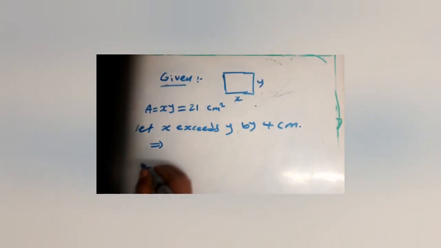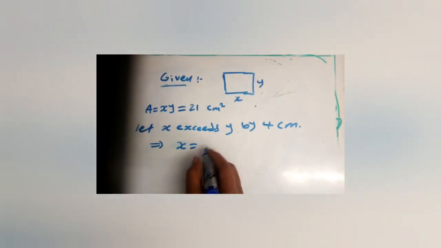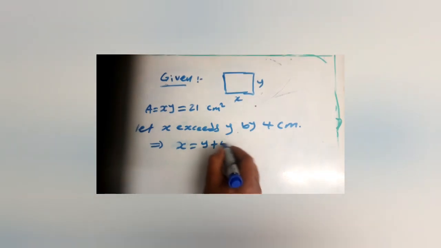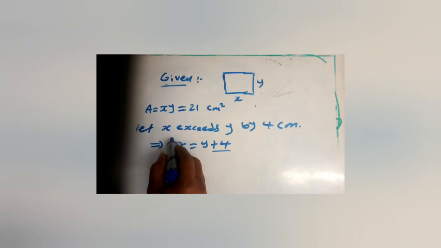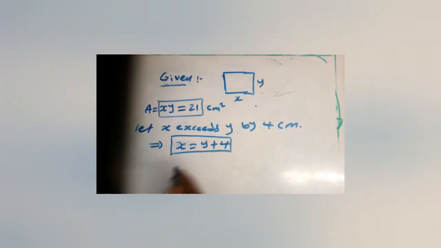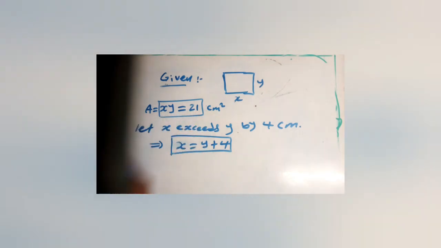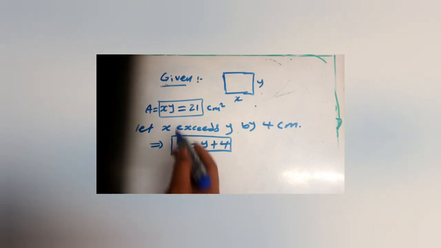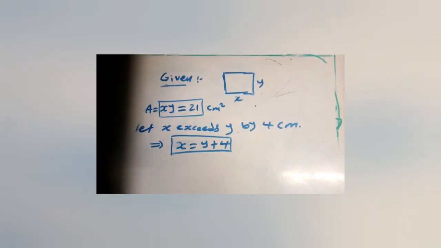Mathematically we can write this as x is equal to y plus 4. From this we have two important equations: x is equal to y plus 4, and from the area, x times y is equal to 21. Using these two equations we can find the values of x and y.